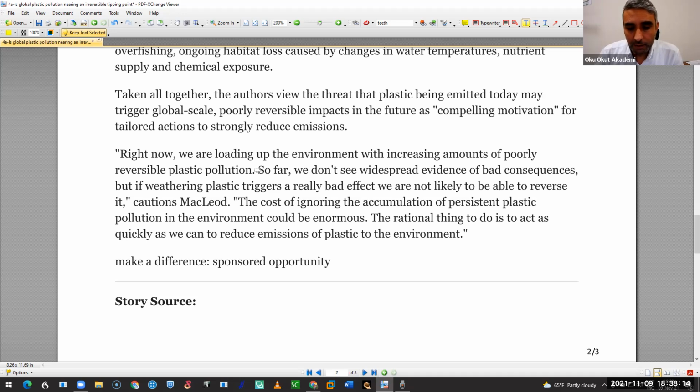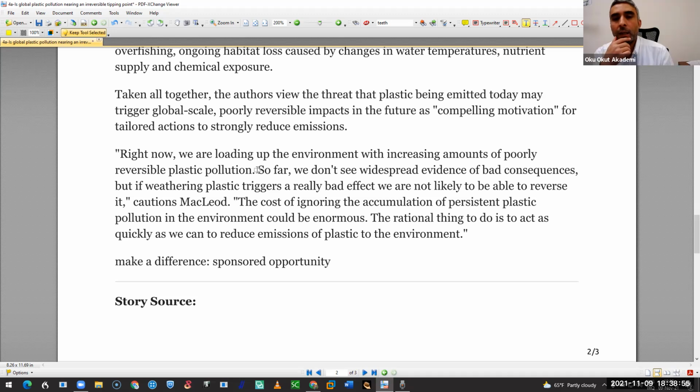How about the consequences? Have we witnessed all serious consequences of plastic pollution? Have we seen all the negative impacts, negative effects of plastic pollution? Any ideas? Look at the last paragraph, please. No, we don't.